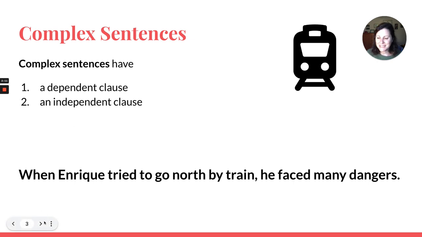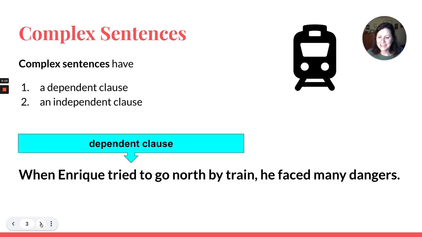Okay, what does that mean? Let's look at the example. When Enrique tried to go north by train, this here is a dependent clause. And a clause is basically another word in English for a sentence, meaning it has a subject, verb, and complete thought. But this one's dependent because it's not finished.